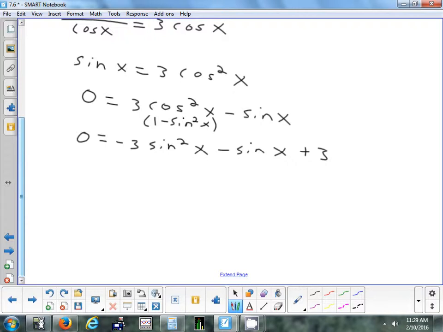Hey, and if you look at the book, they did it slightly different. They had 3 sine squared x plus sine x minus 3. They multiplied everything by negative 1. I'm not going to bother with that, because we're not going to try factoring. All right, so what's A, B, and C?